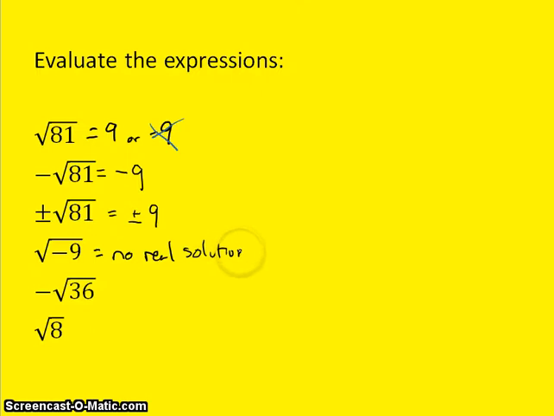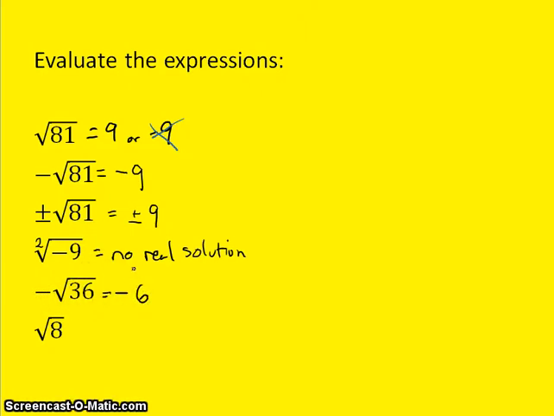This one, there is no real solution. I cannot take the square root of a negative number because it's inside this square root symbol. By the way, there's an imaginary 2 there. It's not written, but with a square root, there's an imaginary 2. With the next one, the negative square root of 36, so it's going to be negative. And I have the square root of 36. 6 squared is 36.